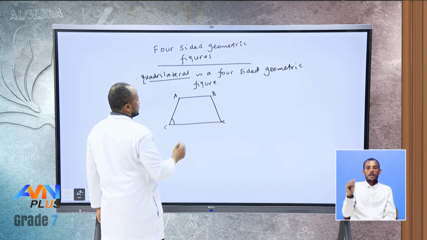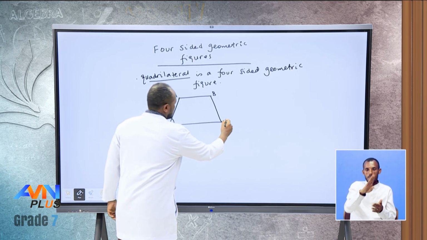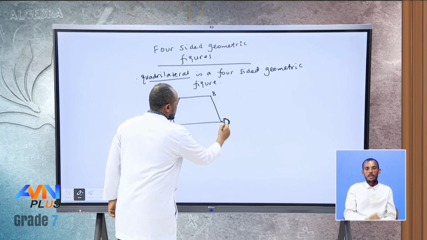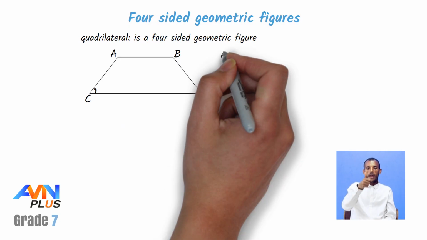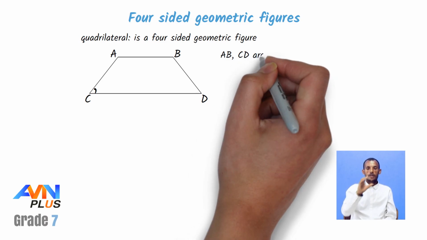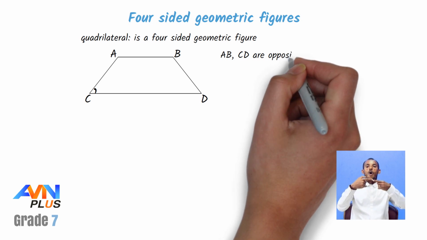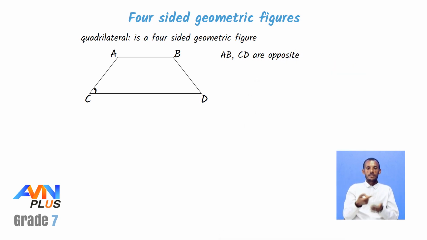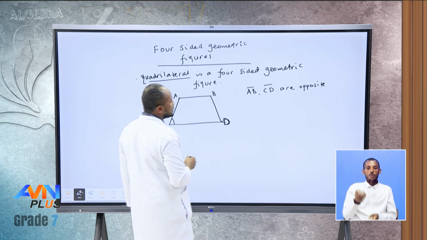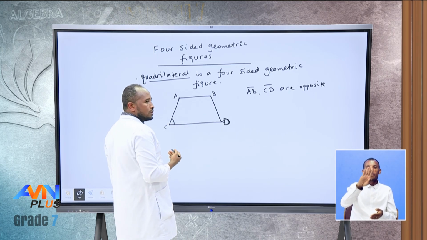These two sides AB and CD are opposite sides of this quadrilateral. Again, not only these two, AC and BD are also opposite sides.